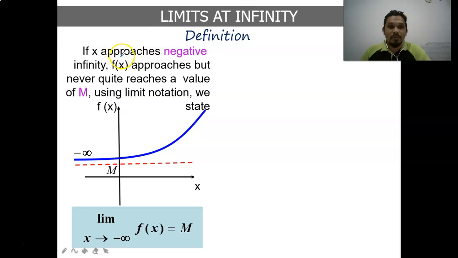If x approaches negative infinity, meaning the value of x goes to the left side from 0, negative 1, negative 2, negative 3, and so on, but never quite reaches a value of m, then limit as x approaches negative infinity of the function f(x) equals m. It's just getting closer and closer to y equals m, but it never reaches that value.